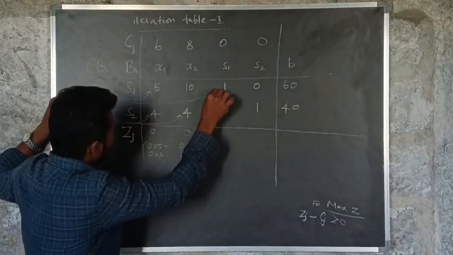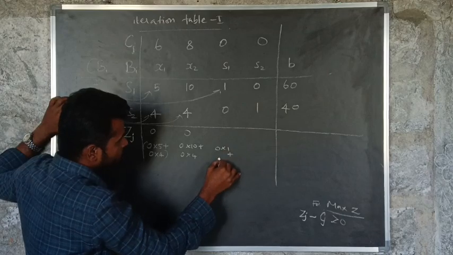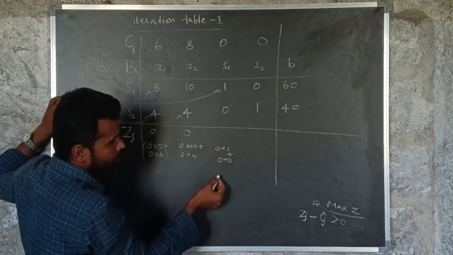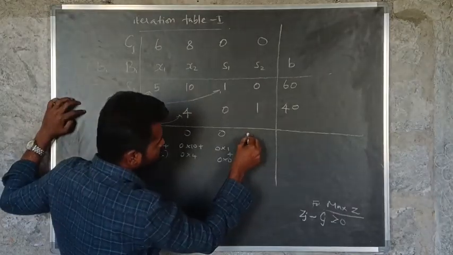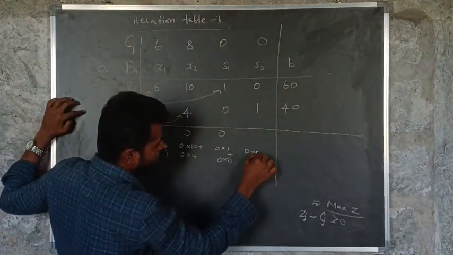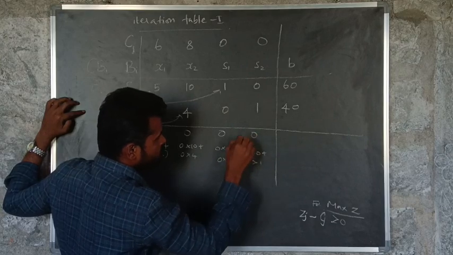Similarly, 0 into 10 plus 0 into 4 is 0, 0 into 1 plus 0 into 0 is 0, and 0 into 0 plus 0 into 1 is also 0.